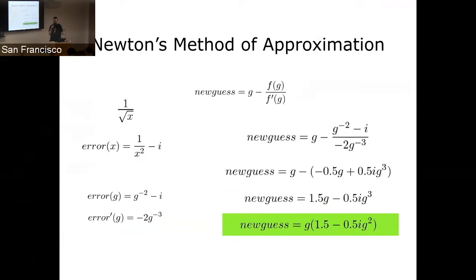We put in the function, we start guessing, we solve the equation, and with every iteration we are getting better and better and more accurate with our result. I'm not going through all that math because it's just boring. I will show you what is happening over here with a quick example.